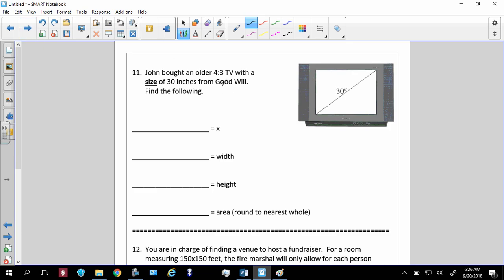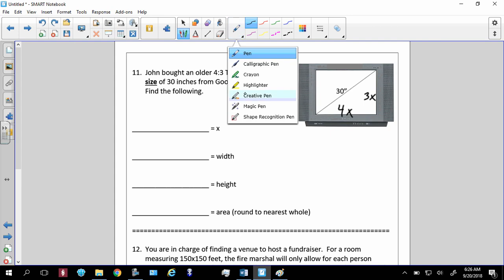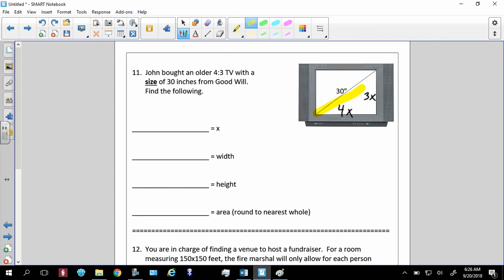All right, a lot of folks are screwing up on this because, guys, remember 4:3 needs to be 4x and 3x. Okay, remember, for my visual learners, this is a triangle. So when you set it up, you have got to have the x in there.